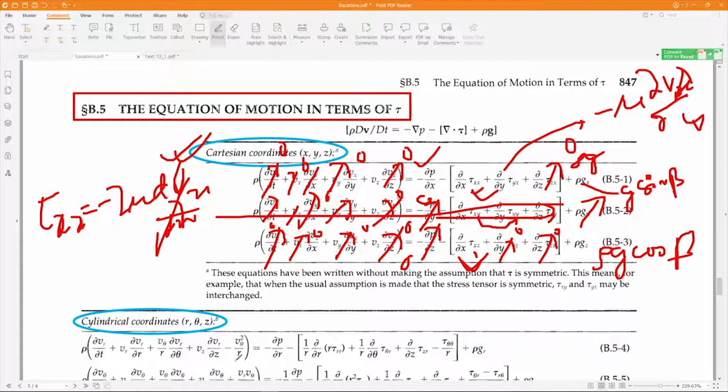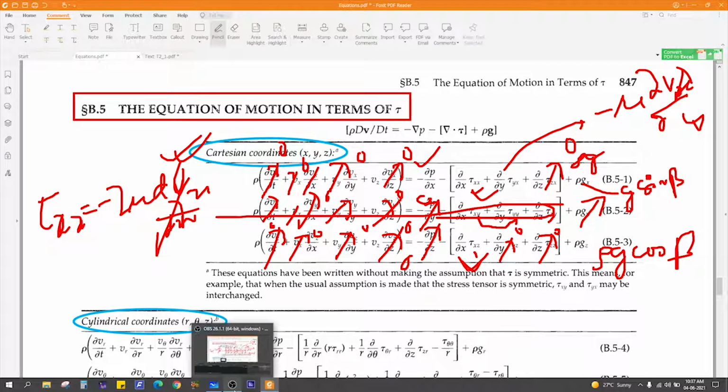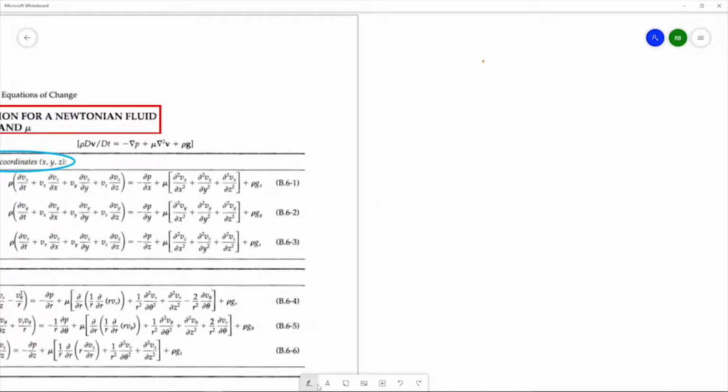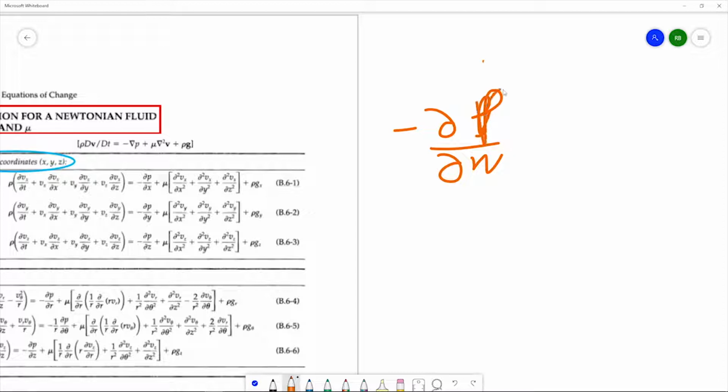So just write down. If you write it down, you'll have minus dou p by dou x, and you have plus rho g x, right? gx was g sine beta.